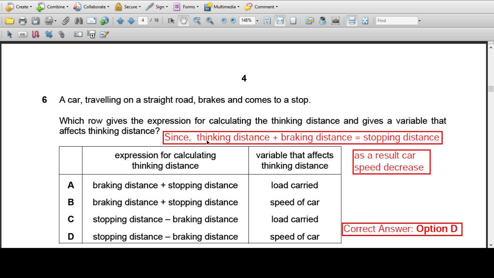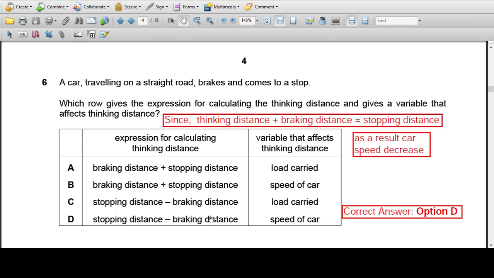We think and then apply brakes, and as a result the stopping distance is achieved. So here we have to find the thinking distance. The thinking distance is equal to stopping distance minus braking distance.